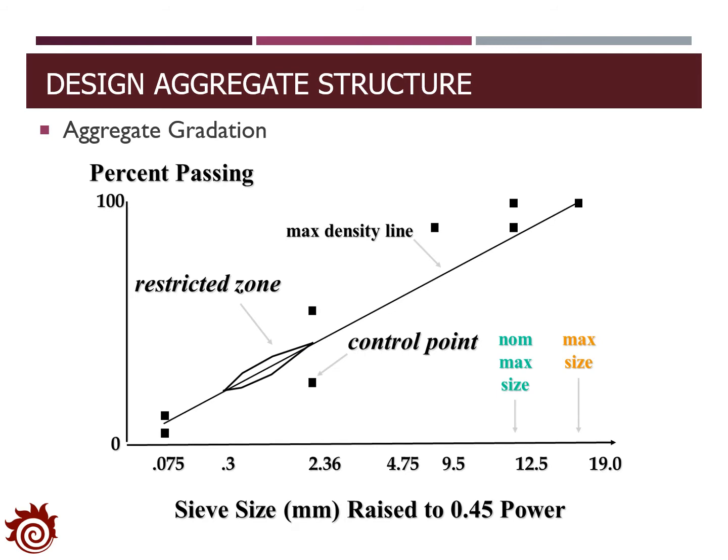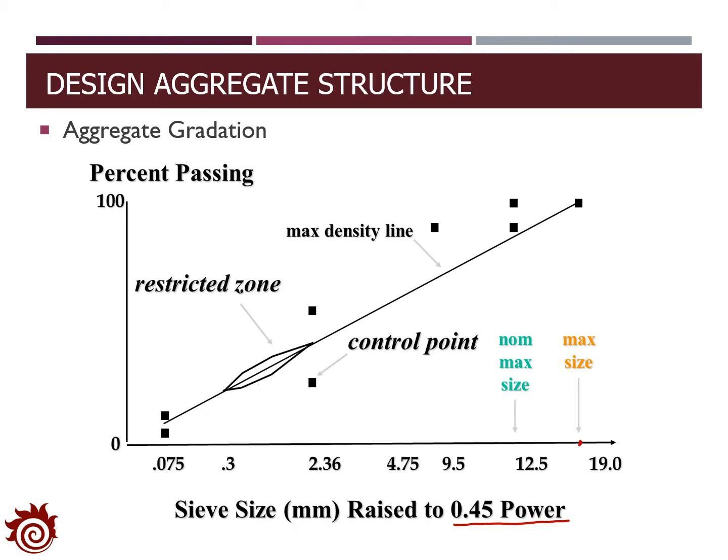In the second step, the most important thing we want to estimate is the aggregate gradation, which is the grain size distribution of the particles in the selected aggregate. In order to find out the aggregate gradation, we have to recall the 0.45 power chart, which is shown in the figure here. In this figure, the horizontal axis is scaled with the 0.45 power.